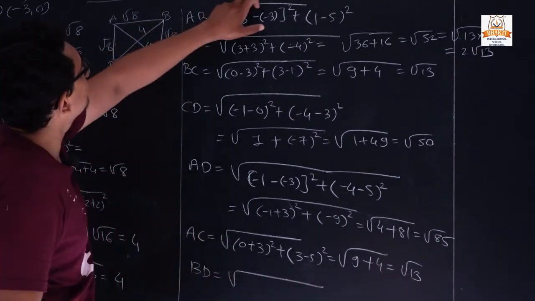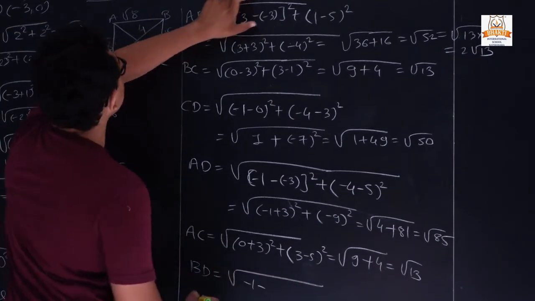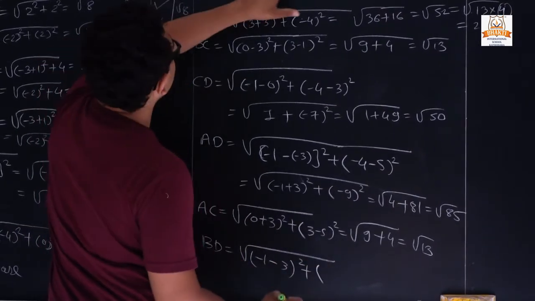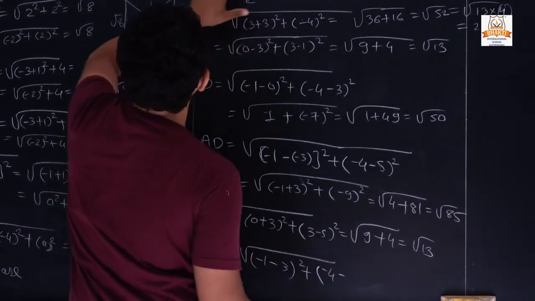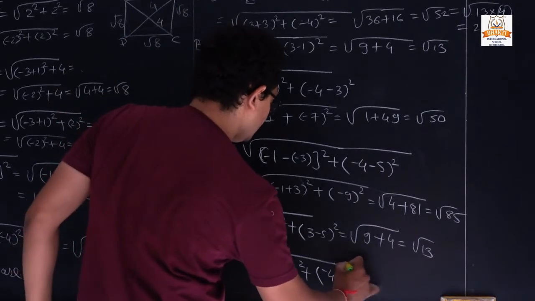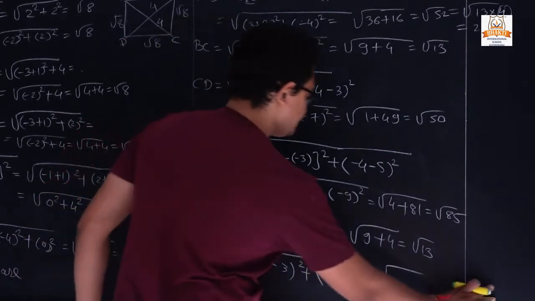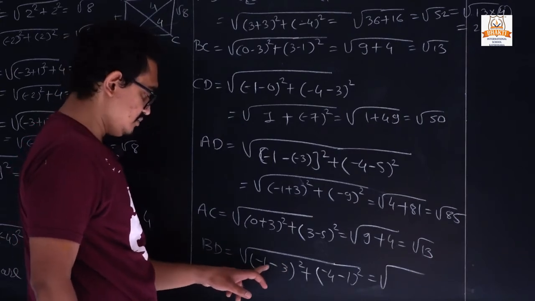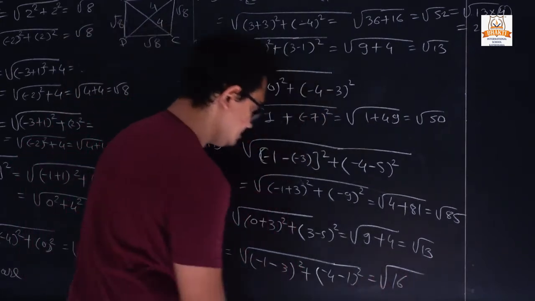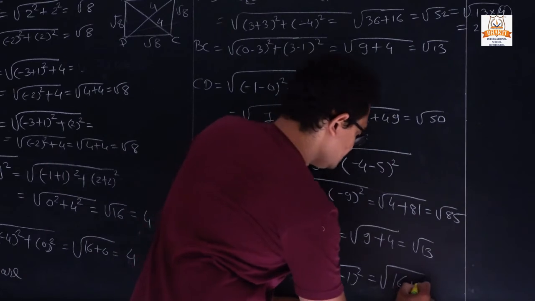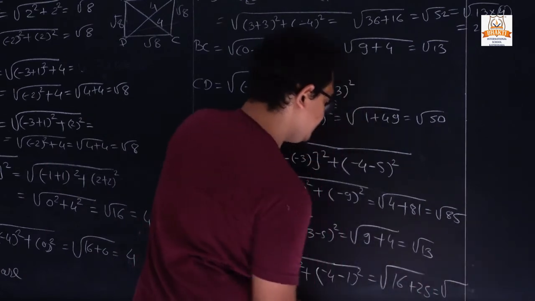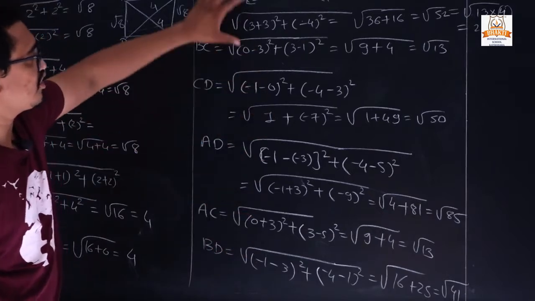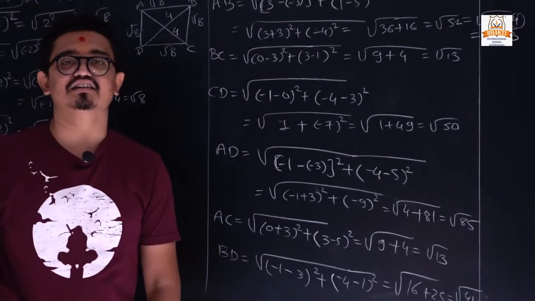So B and D, minus 1 then 3, x2 minus x1 all square, y2 minus y1 all square. So what is its simplification? Minus plus. So minus 4 all square, it is plus 16 minus plus. So 25. So it means 41.